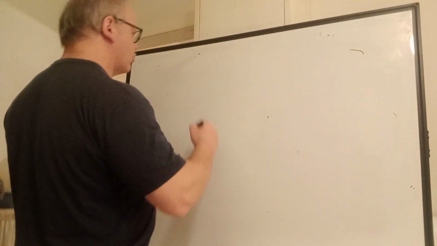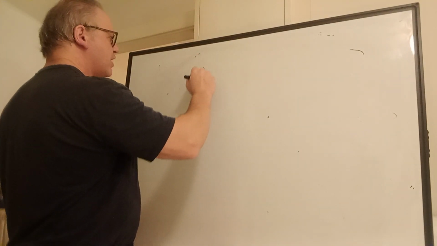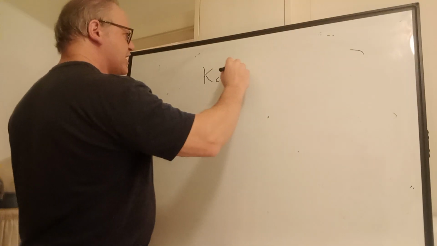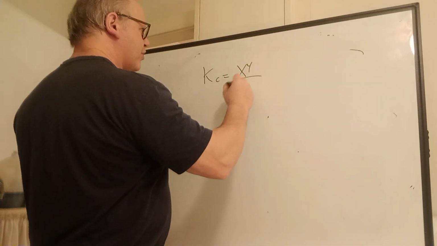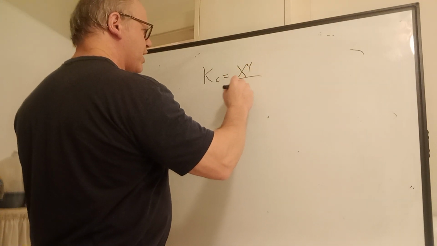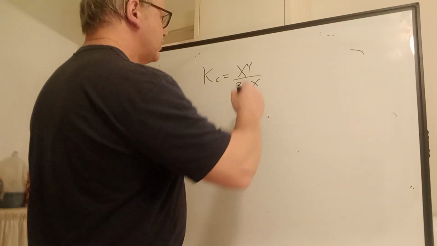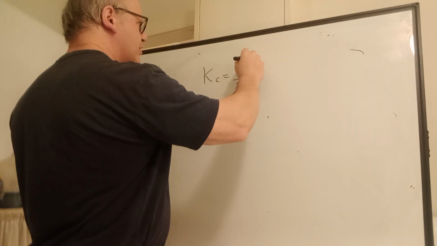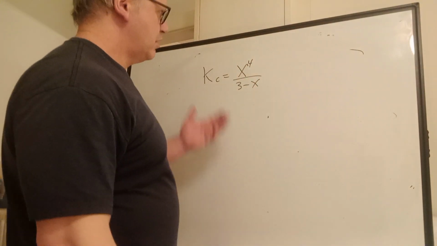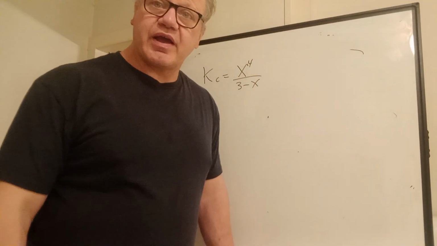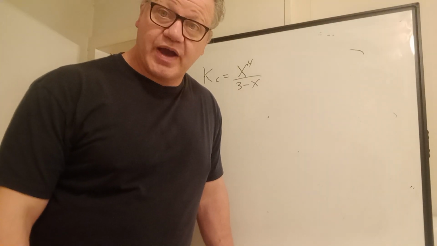First, you could have a problem like Kc is x to the fourth over 3 minus x. I mean, you could have a problem all day long that has a power greater than squared, right? We're not going to go beyond quadratic.